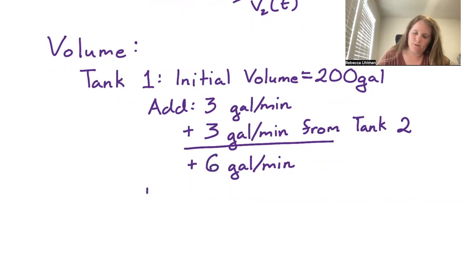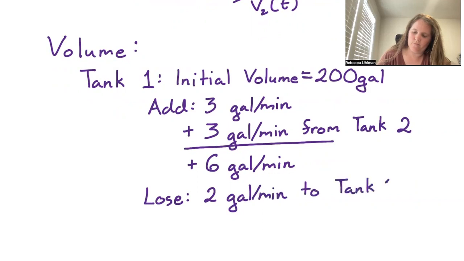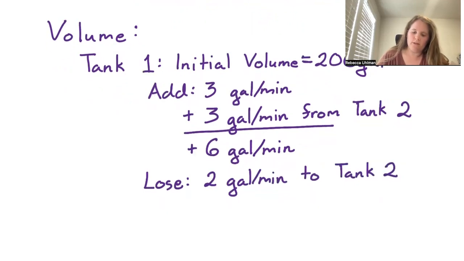Then we lose 2 gallons per minute to tank 2. And we lose an additional 2 gallons per minute just from draining.